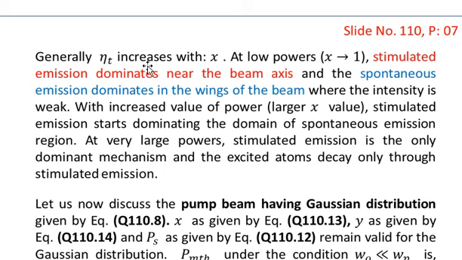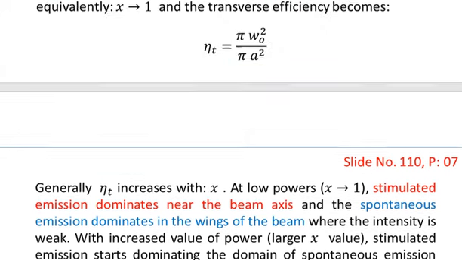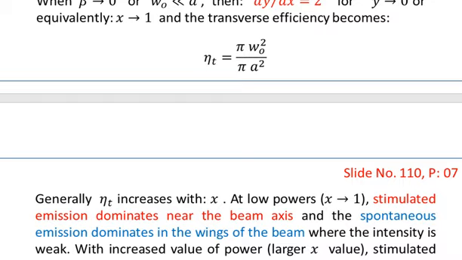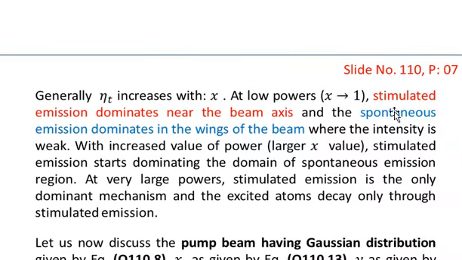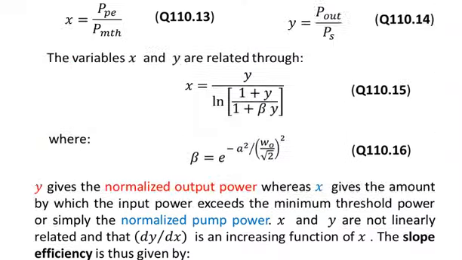So generally eta t increases with x. At low powers, that is when x goes to 1. So let me show you the expression of x.